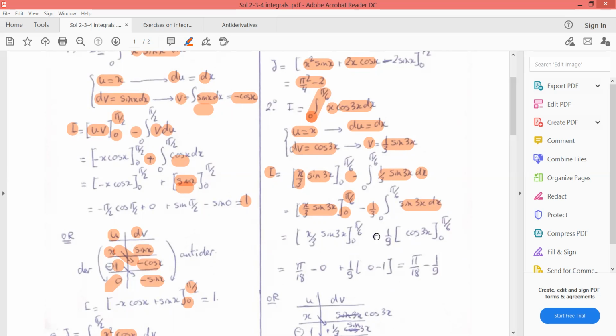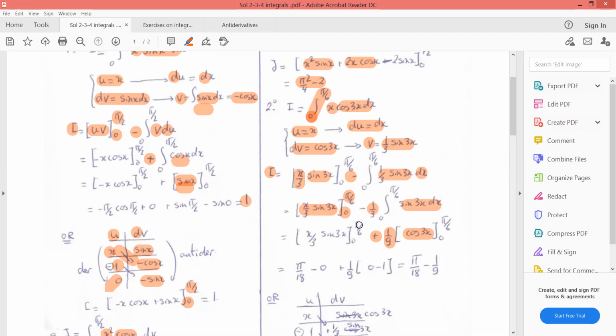So we get plus 1 over 9 cosine 3x. Minus 1 over 3 times minus 1 over 3 becomes plus 1 over 9 cosine 3x.